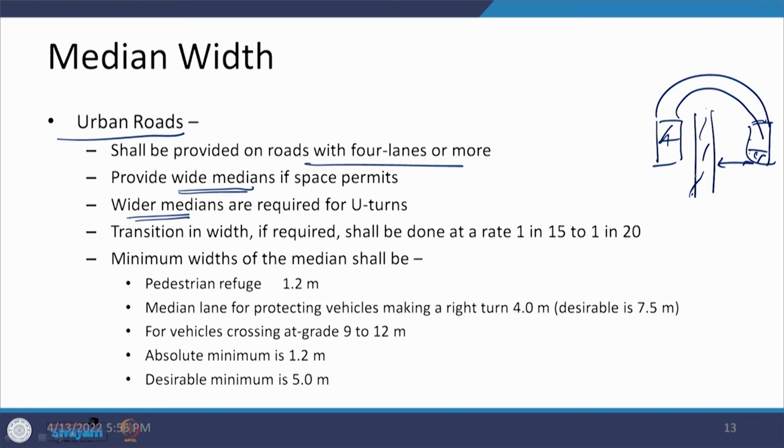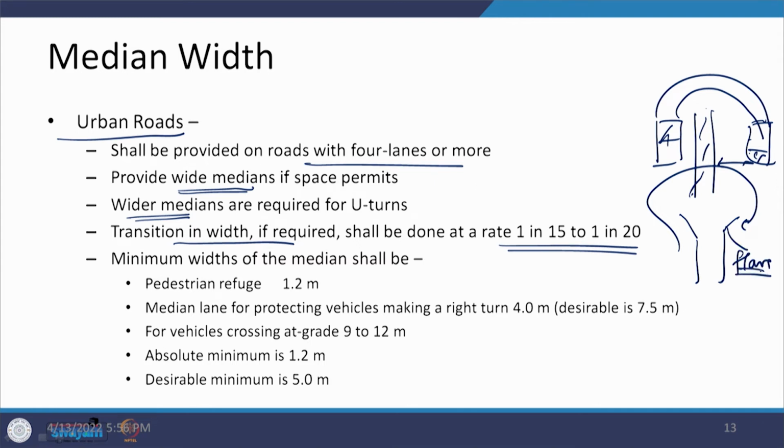But if you have a case where this median has been widened at this point, you allow a driver to take a turn with the higher radius and that is how it becomes smoother. Transition in width, if required, shall be done at a rate of 1 in 15 to 1 in 20. In the shoulders we talked about 1 in 25 there. So, if this type of a flare or a change is there, then the rate is 1 in 15 to 1 in 20.